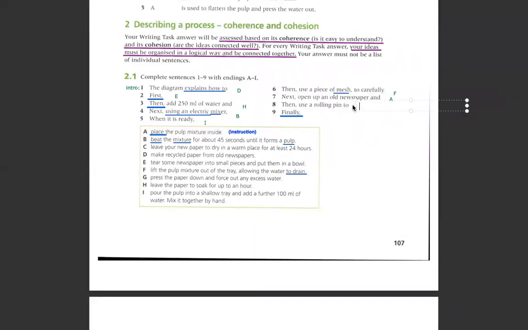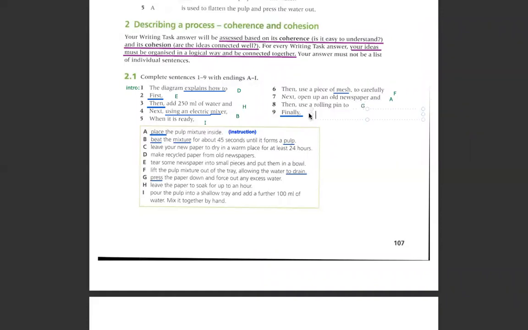Number 8, we use the rolling pin. So look for any verbs that we used with rolling pin. The verb that we're looking for is to press. So G is correct.